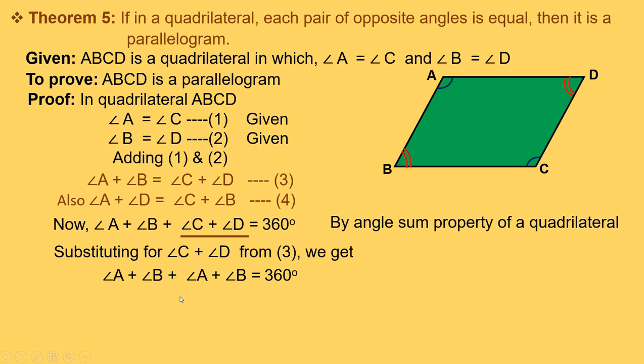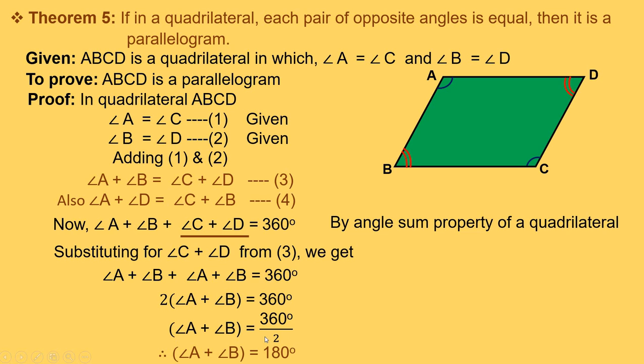That is twice angle A plus angle B is equal to 360 degrees. So angle A plus angle B is equal to 360 degrees by 2. Therefore, angle A plus angle B is equal to 180 degrees.